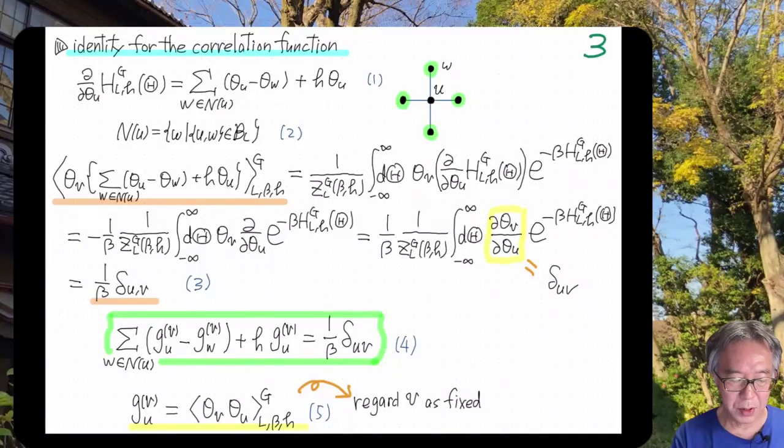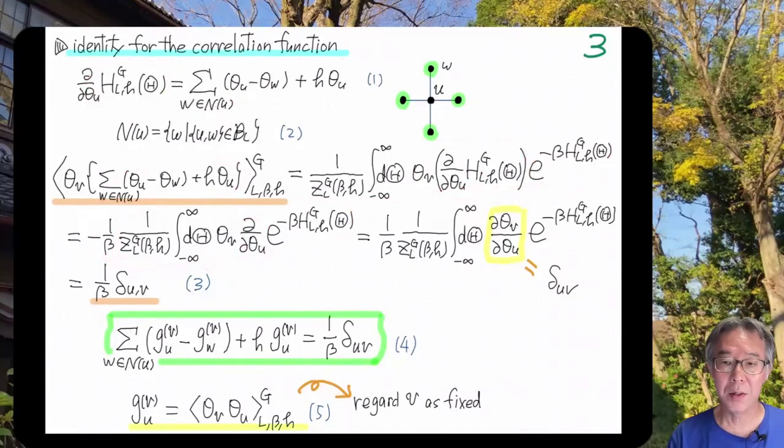You can just replace this by this, and then you want to consider the expectation value of this quantity, but by definition, it's written in this way. Now, here you differentiate this by h, and here you have e to the minus beta h. So you can rewrite the same thing in this way, right? You differentiate this thing by theta u, and you need this extra factor, but anyway, you have this.